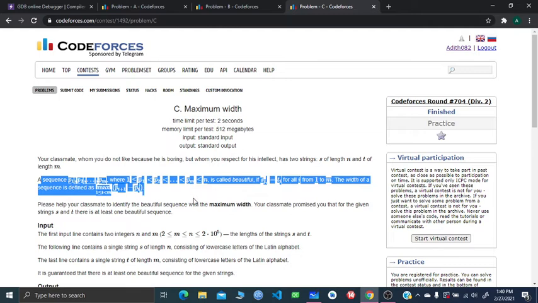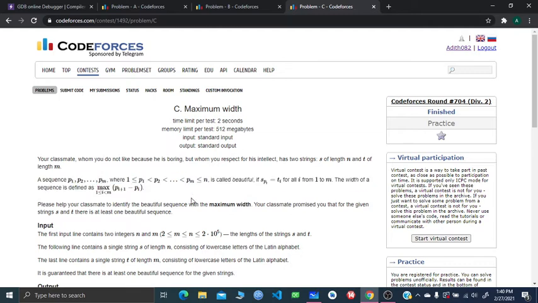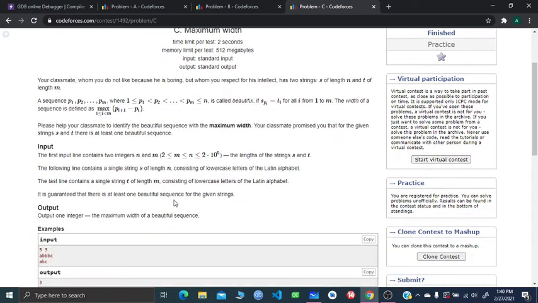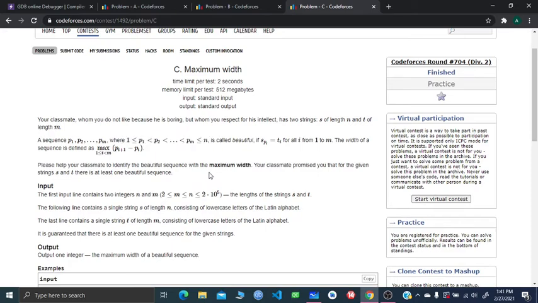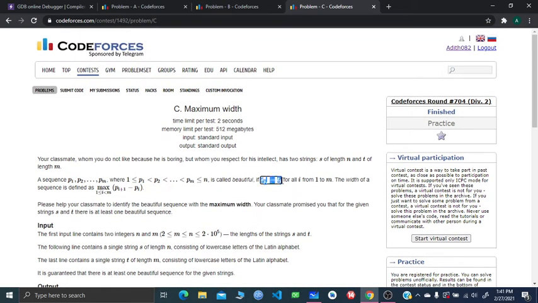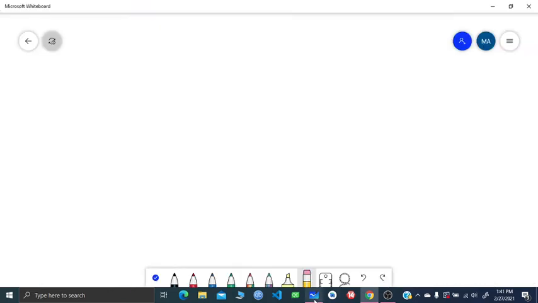They have described that a beautiful sequence is a sequence where the number of values is equal to m. The values, all of them, will be in increasing order inside that beautiful sequence. And one condition I have to meet is that s of p of i equals t of i.